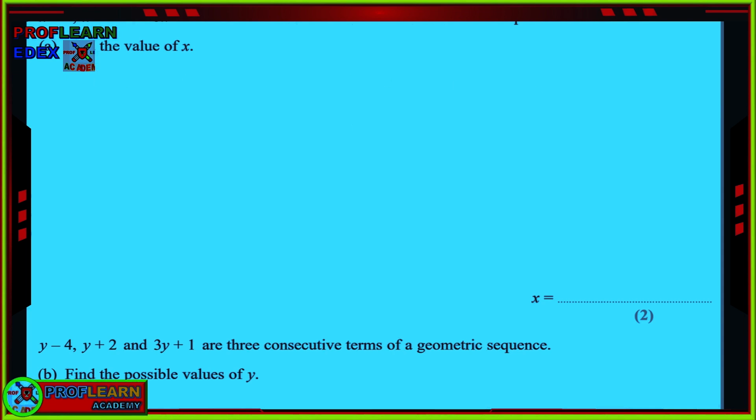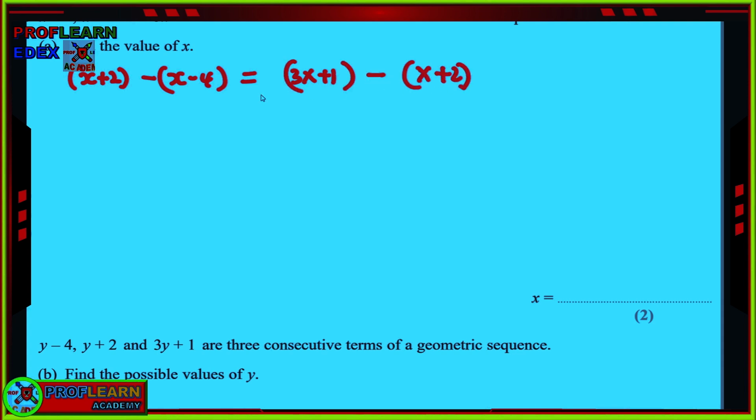So for this case here, we are going to say the common difference is x plus 2 minus (x minus 4), which is equivalent to 3x plus 1 subtract (x plus 2).